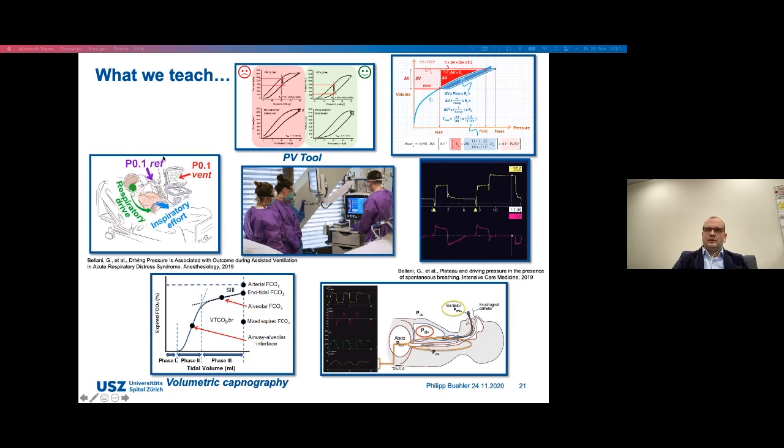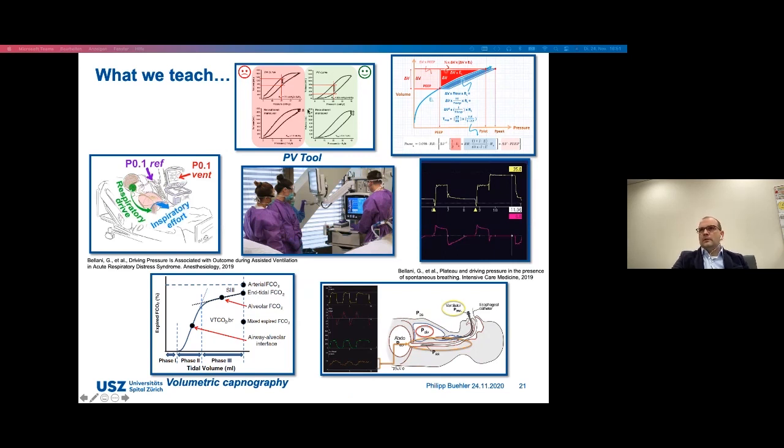We teach the P0.1 value as, in my opinion, a slightly poor parameter for increased respiratory pressure, and we teach the modern concept of the pressure muscle index, published by Bellani in 2016, to evaluate the inspiratory effort in spontaneously breathing patients.